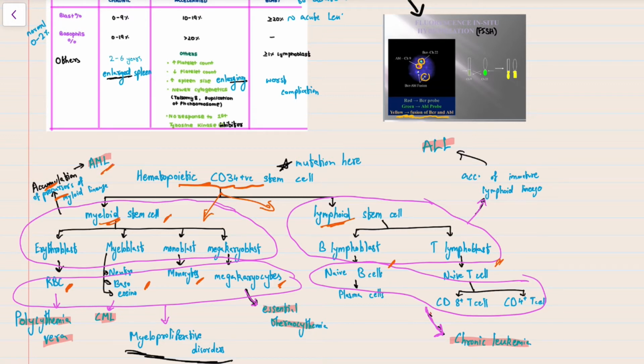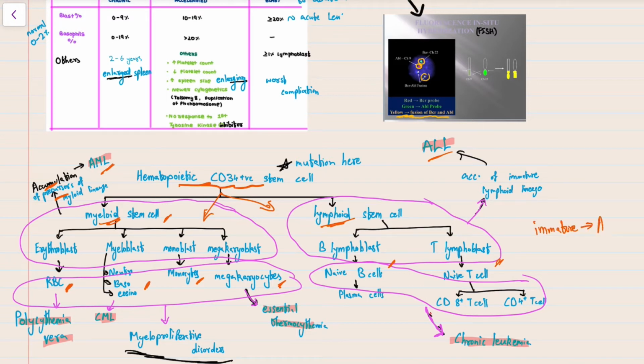At the same time, when there's accumulation of lymphoid stem cells, that leads to acute lymphoid leukemia. So acutes are caused due to immature cells, okay?